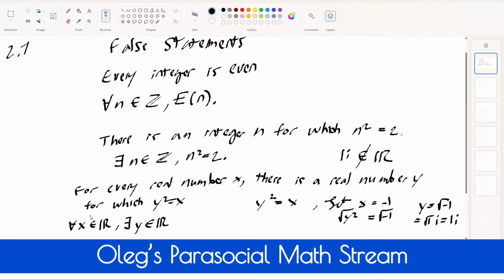Notice we didn't write for all x comma y, because that would mean all x's and all y's. There just exists at least one in this case, where y squared is equal to x. False statement, but that's how it's done.